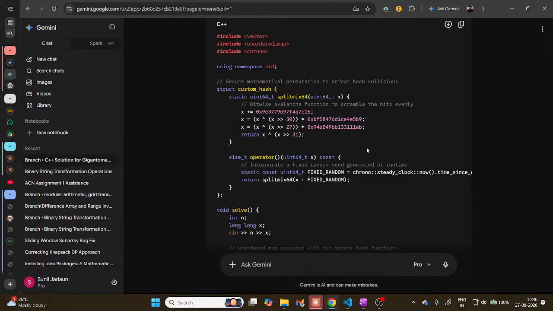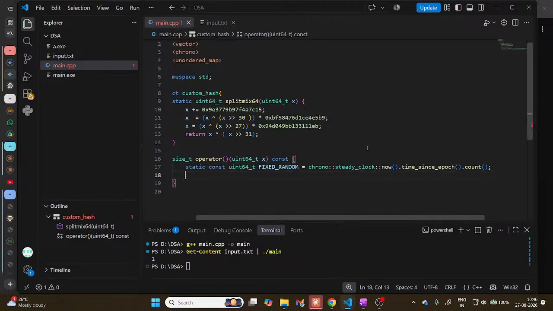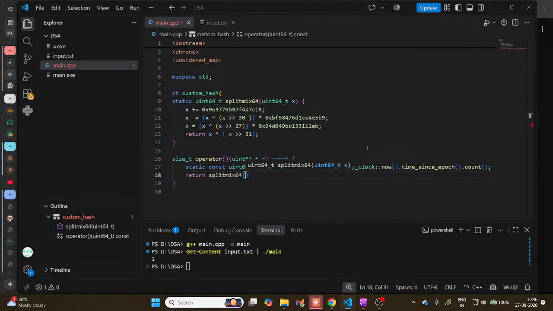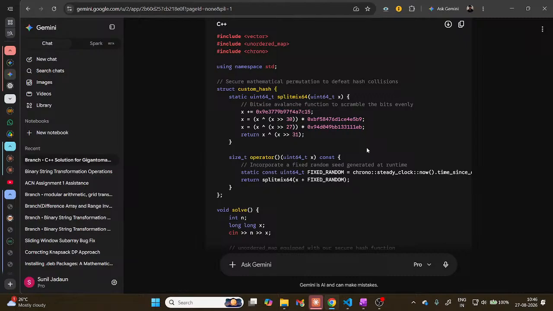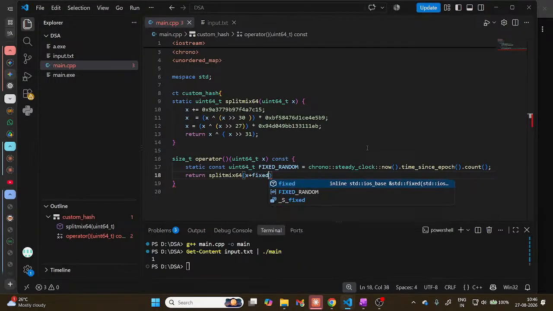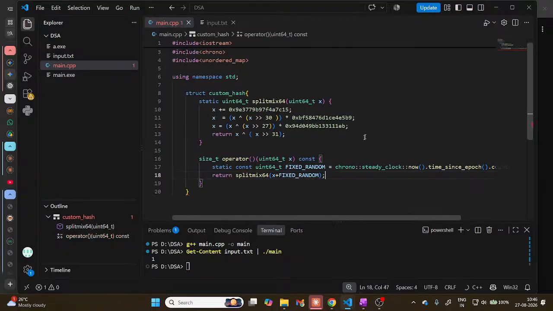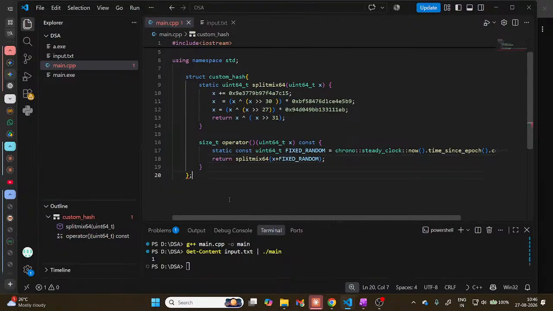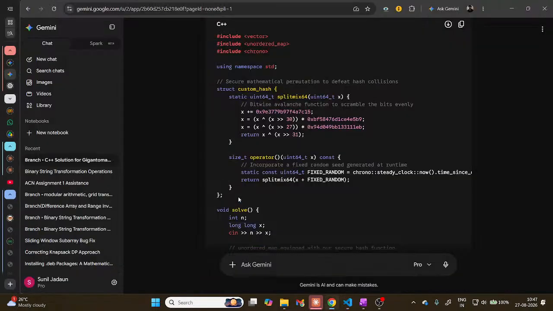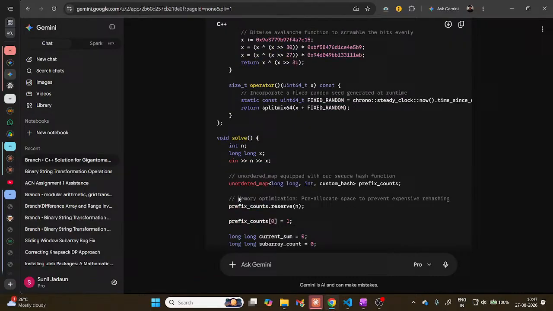Then we return splitmix64 of x plus fixed random. After all of this, this is our custom hash function, right?